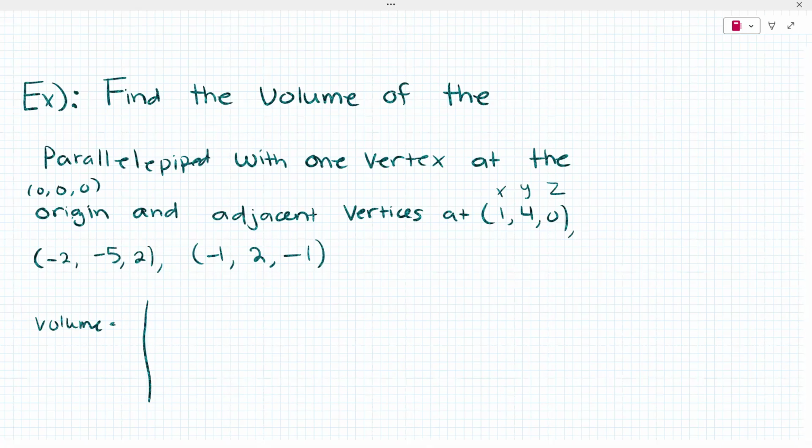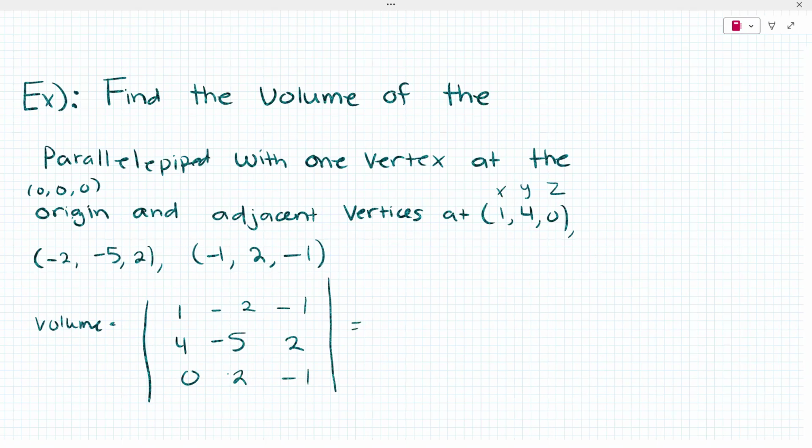So it would be set up as 1, -2, -1, all your X coordinates horizontally. All your Y coordinates horizontally would be 4, -5, 2, and all your Z coordinates horizontally would be 0, 2.